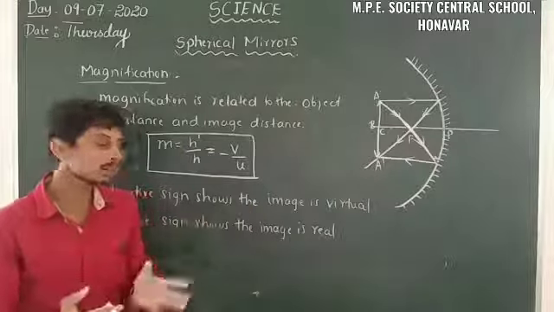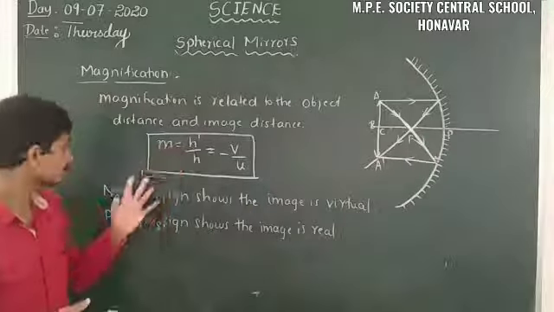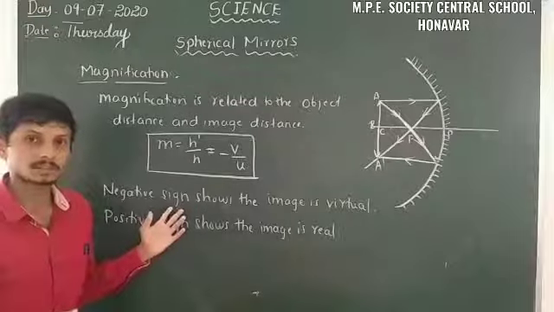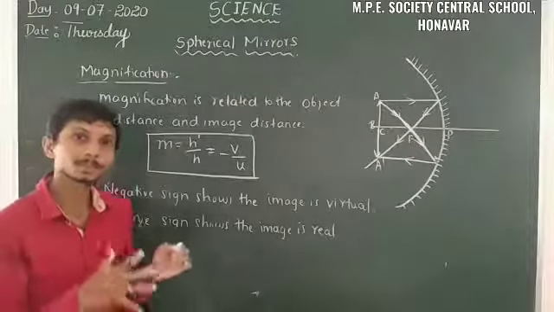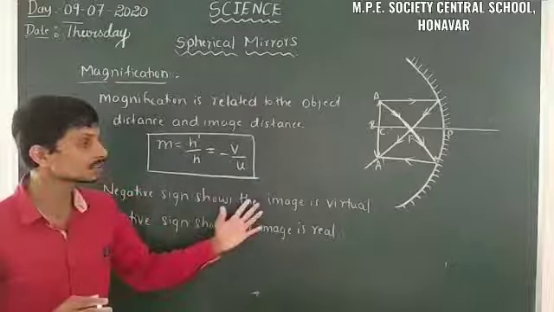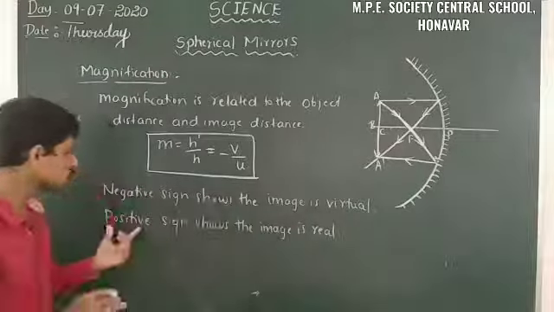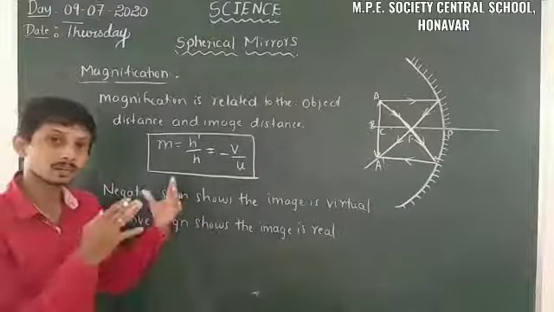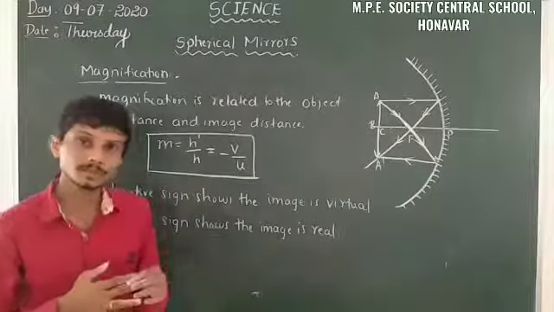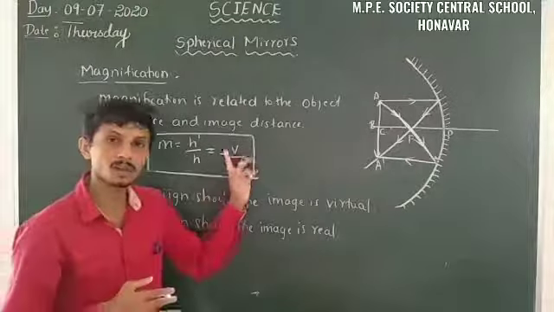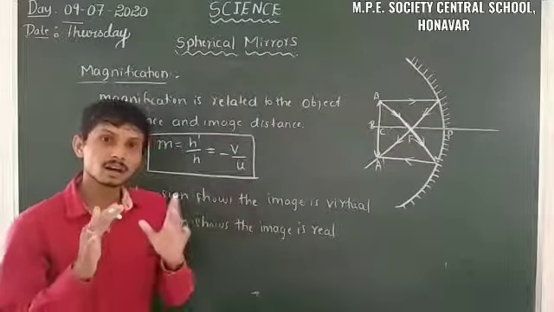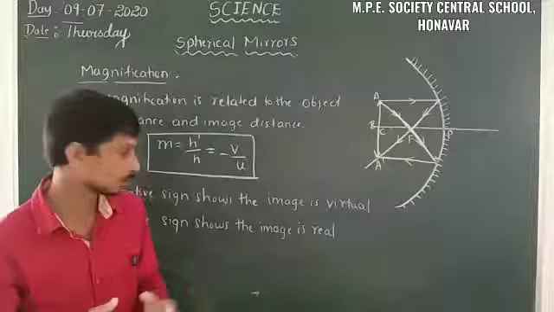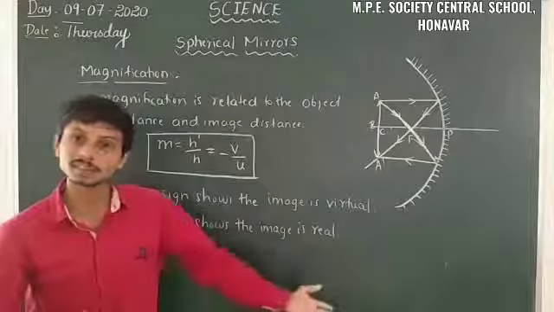After calculating, if the magnification has a negative sign, it shows the image is virtual. And if the result is positive after inserting the value of image distance and object distance, that shows the image is real.